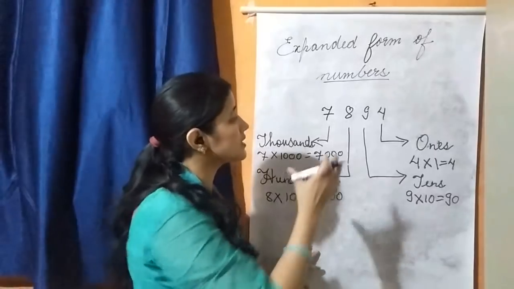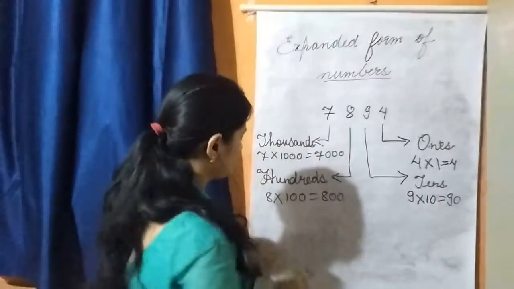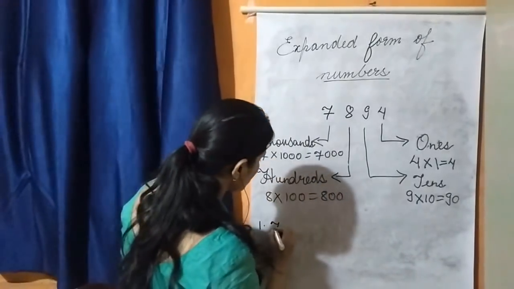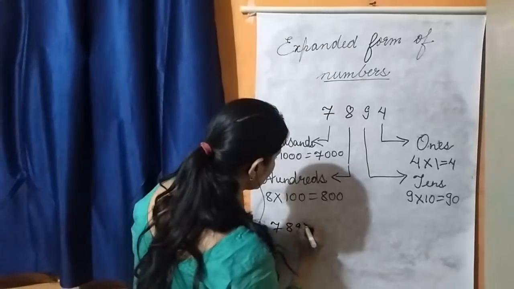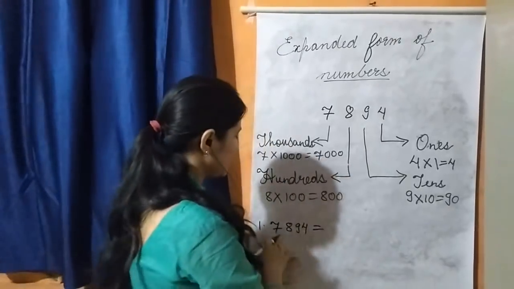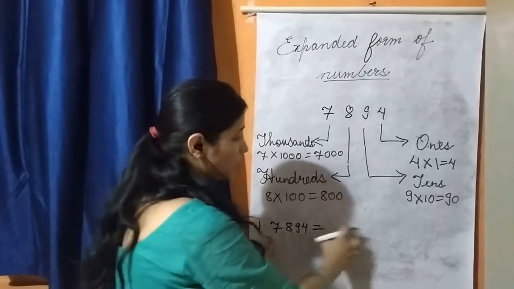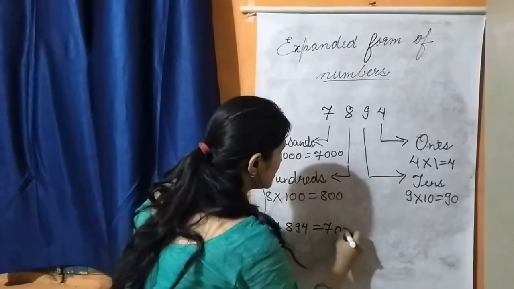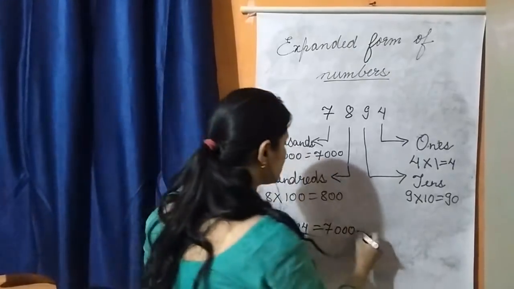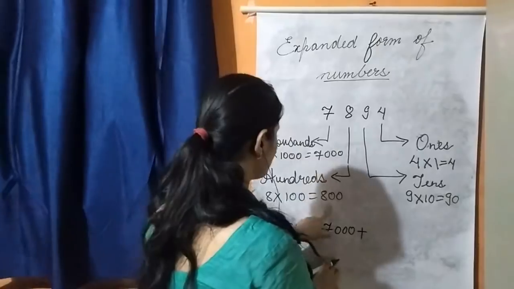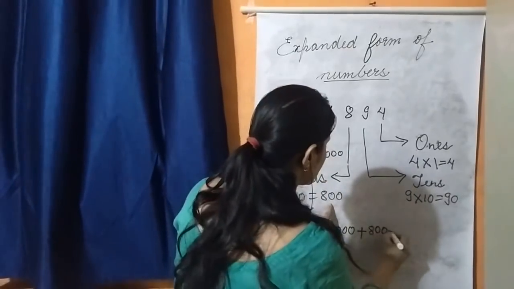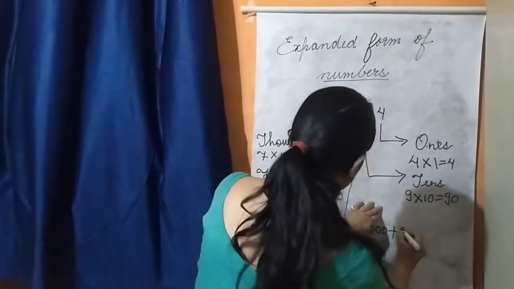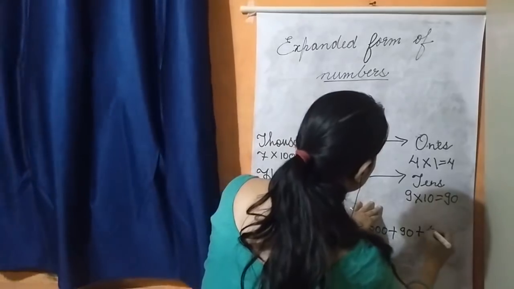Now we will represent it in expanded form. Okay, so what was the number? Please write it, students. Number was 7894. Okay, so we will write the place value of each number here. What is the place value of 7? Place value of 7 is 7000. Place value of 8 is 800. Place value of 9 is 90, and place value of 4 is 4.